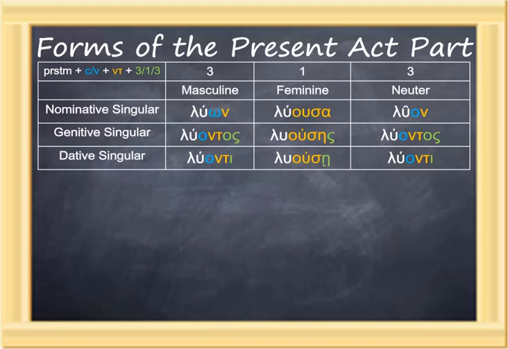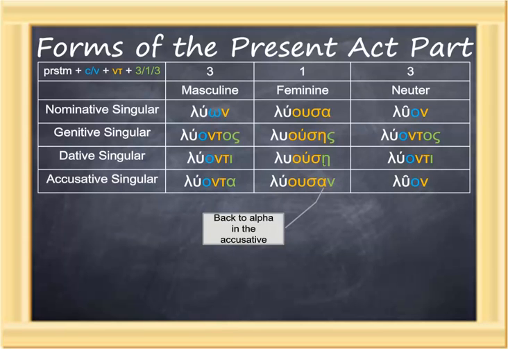Dative singulars are unremarkable in a 3-1-3 pattern: luonti, lousē, luonti. In the accusative singular, the feminine eta returns to an alpha, and so the forms are luonta, lousan, luon.